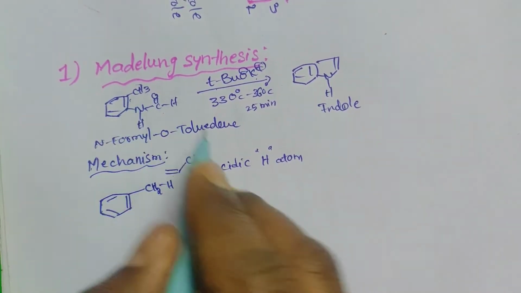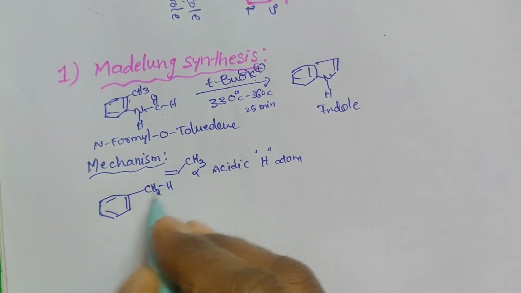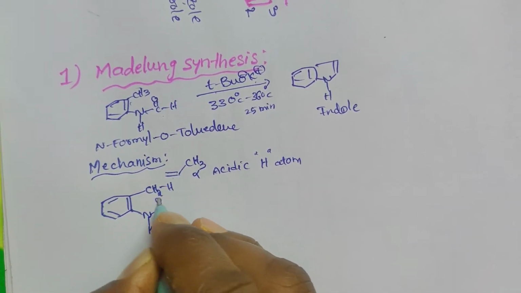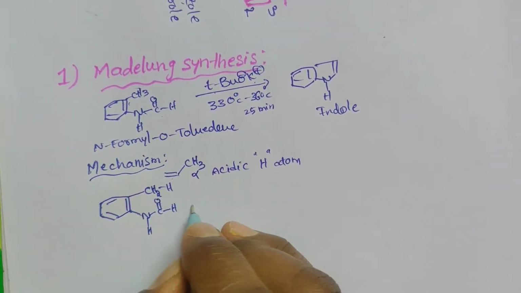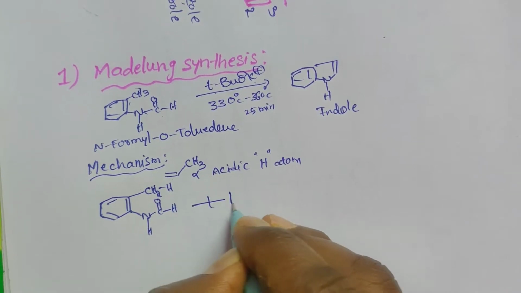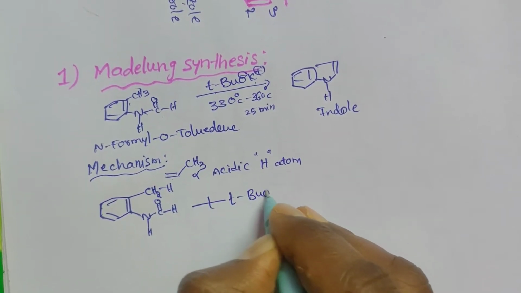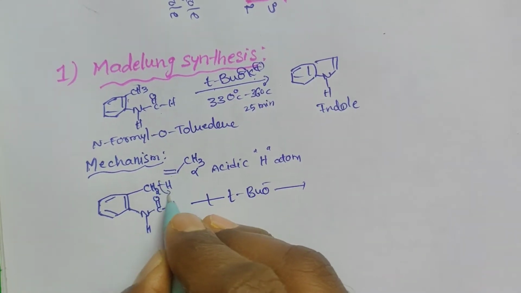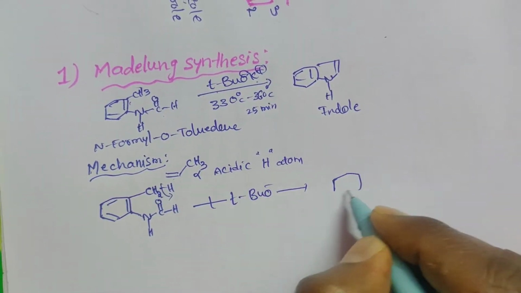So I am writing the CH3 group like this, CH2-H, and I write here the N-formyl group. When it is treated with potassium tertiary butoxide, that means tertiary butoxide ion, this hydrogen will be abstracted and we get a carbanion.